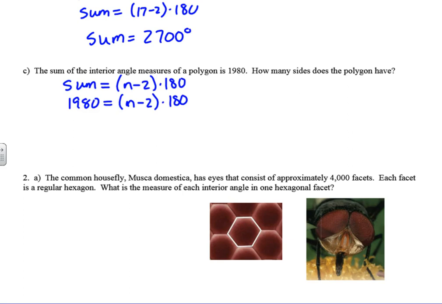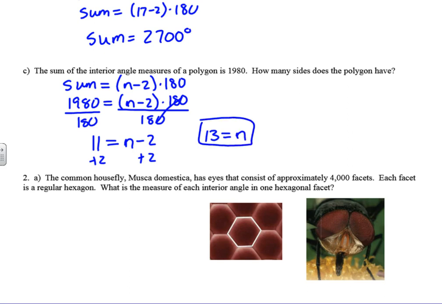I think it's a little bit easier if we understand that you can divide by 180. It'll make the overall calculation easier. So 1980 divided by 180 is 11. And then we would add 2. And so there would be 13 sides on that figure.